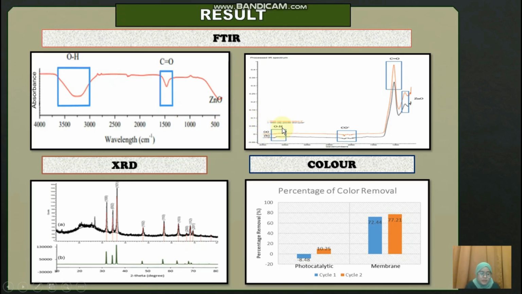Then the appearance of a less intense peak at 2360 for commercial zinc oxide corresponds to the presence of CO2, while for zinc oxide clay and zinc oxide clay after 2 cycles, the broad band at 2150 appears for both.